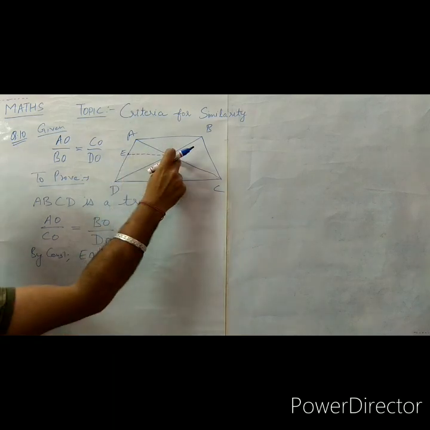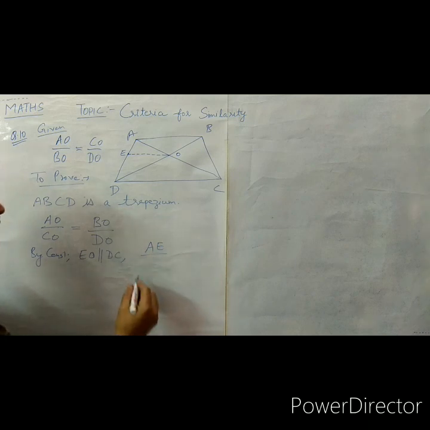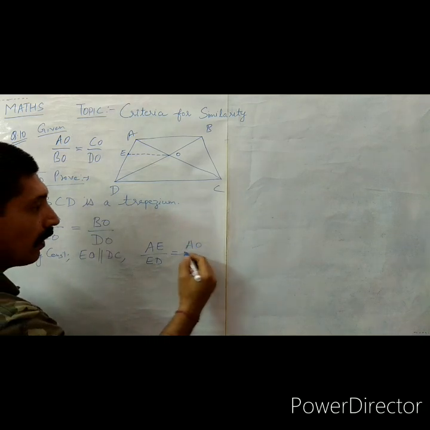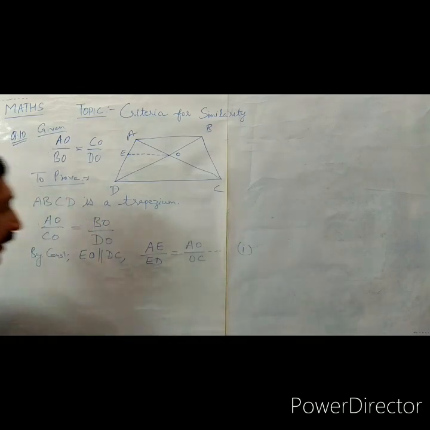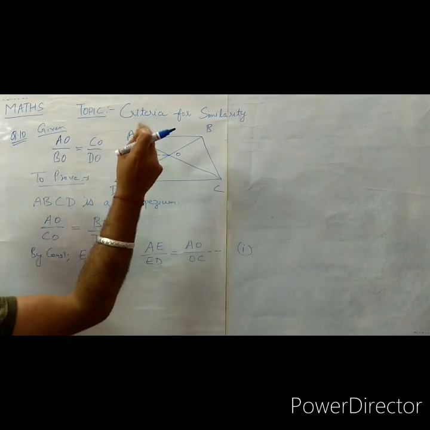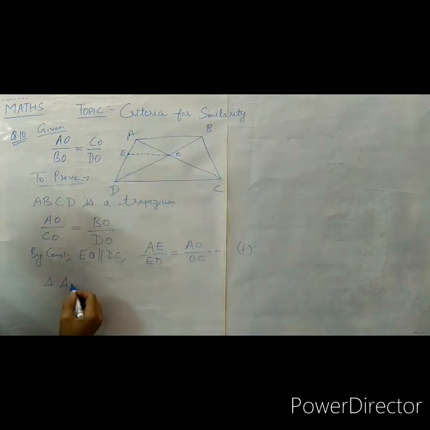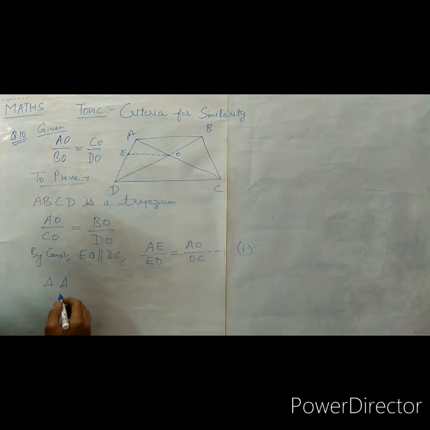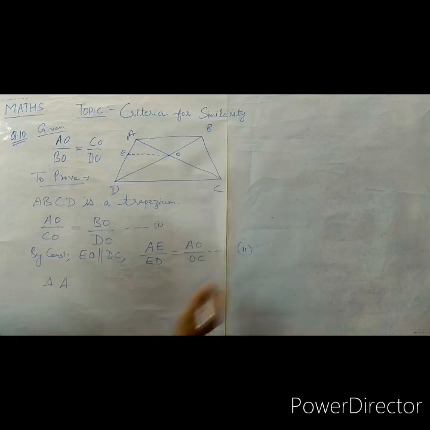Now if EO is parallel to DC, by BPT we have AE upon ED is always equal to AO upon OC. This is equation number 1. Now in triangle ADB, we have already given that this is equation number 1 and this is equation number 2.